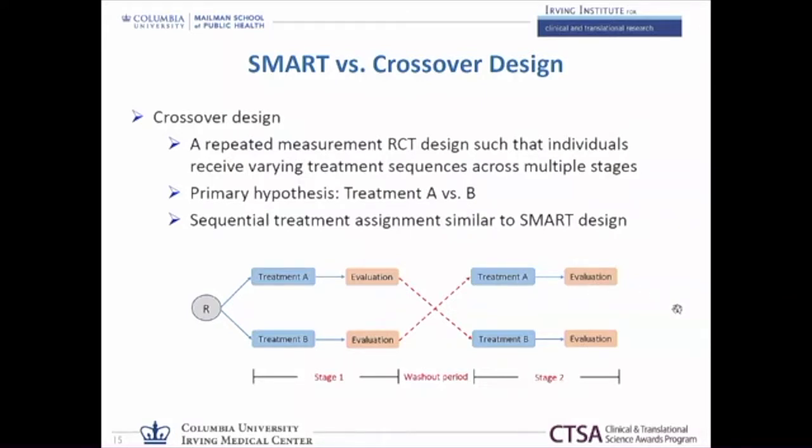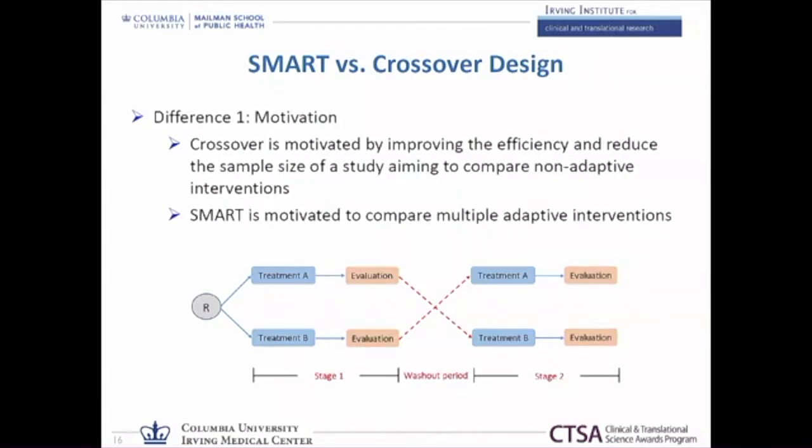Operationally, crossover design is somewhat similar to SMART because in this design, patients also receive different treatments across multiple stages. However, we can clearly separate these two designs in three aspects. First of all, crossover design is motivated by improved efficiency and reducing the total sample size of the study, but the goal is still to compare two fixed treatments, or we can call these two non-adaptive interventions.